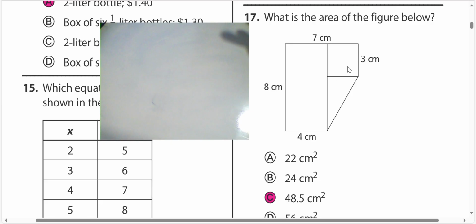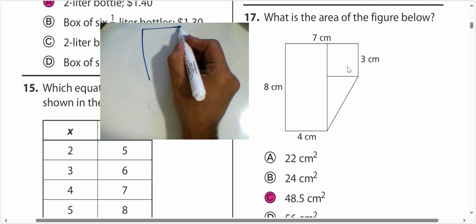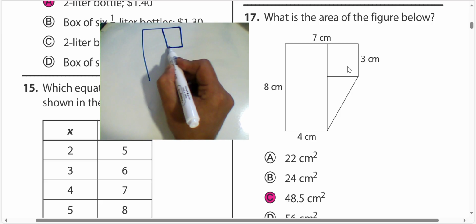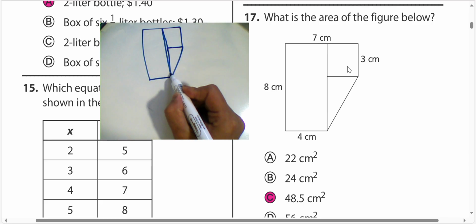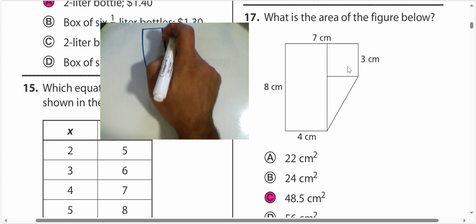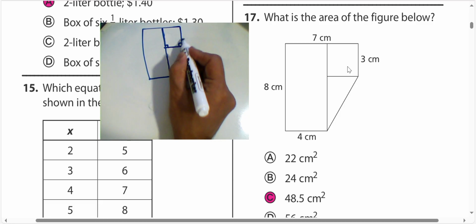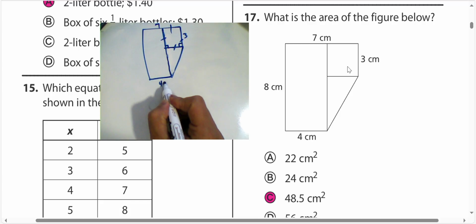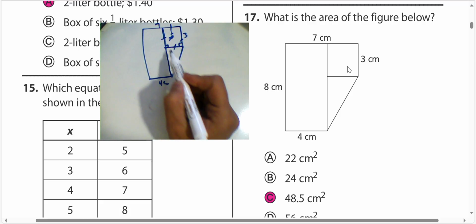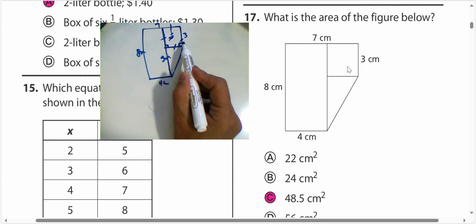Then we have a square here, with all sides equal, because it was 7 and here 4, and 7 minus 4 equals 3. This part is 8 meters, 8 minus 3 equals 5, and this part 3.